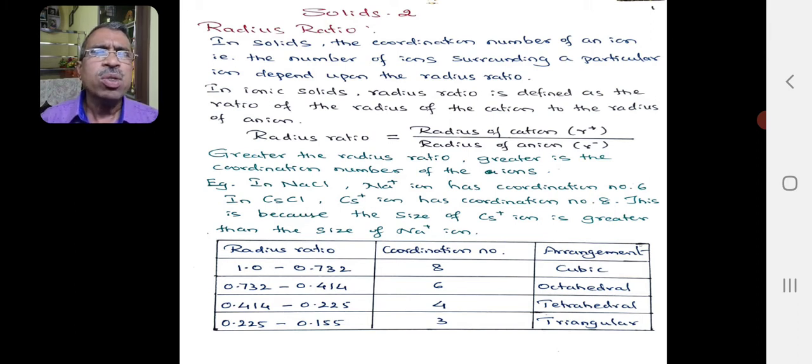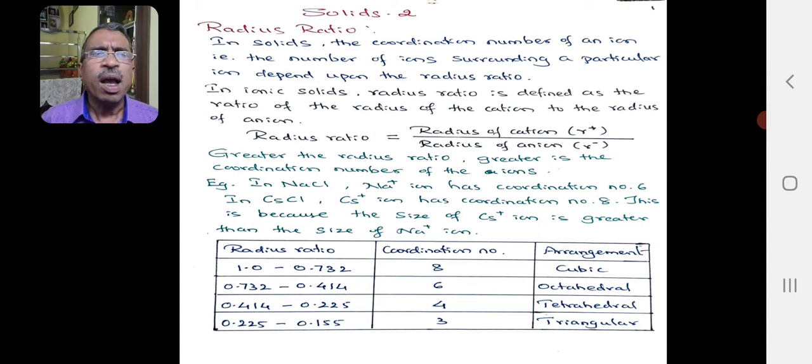In ionic solids, radius ratio is defined as the ratio of the radius of the cation to the radius of the anion. Mathematically, radius ratio is equal to the radius of cation, that is r plus, divided by the radius of anion. Greater the radius ratio, greater is the coordination number of the ions.